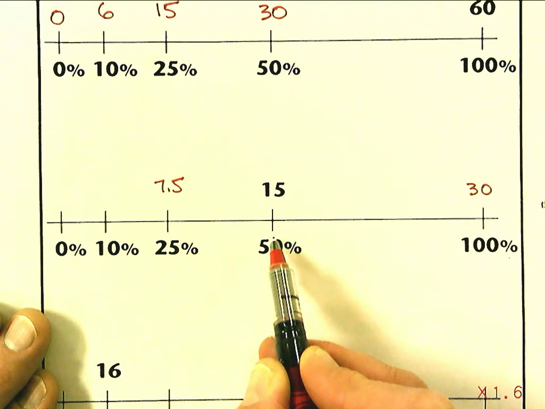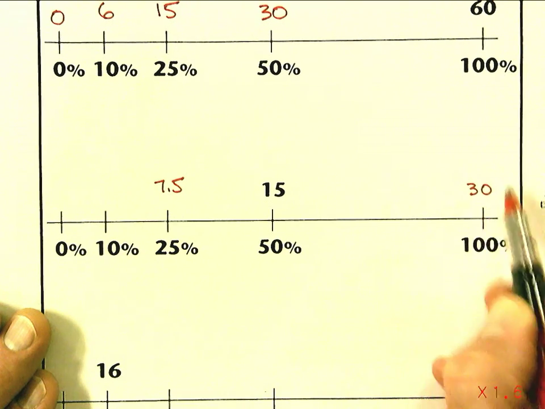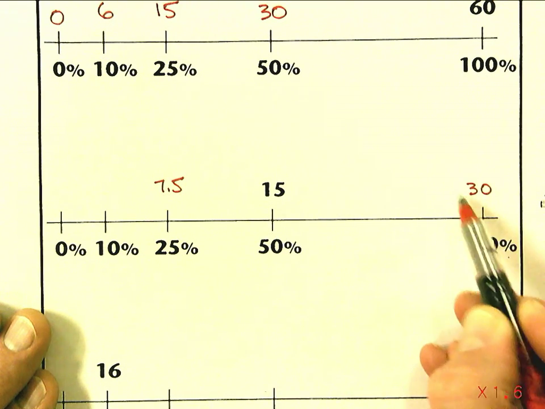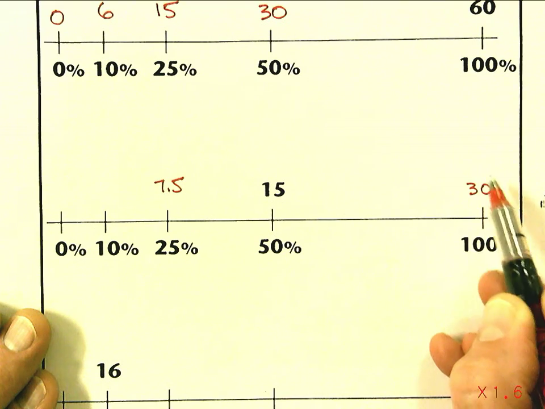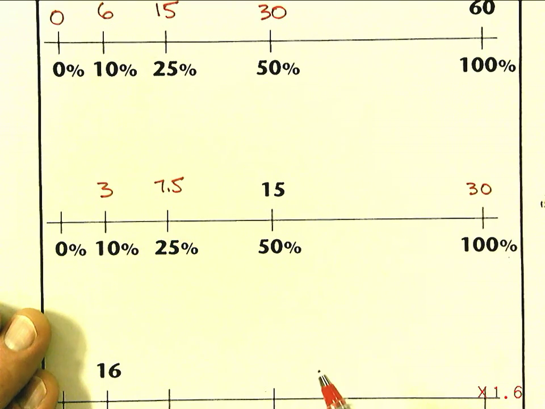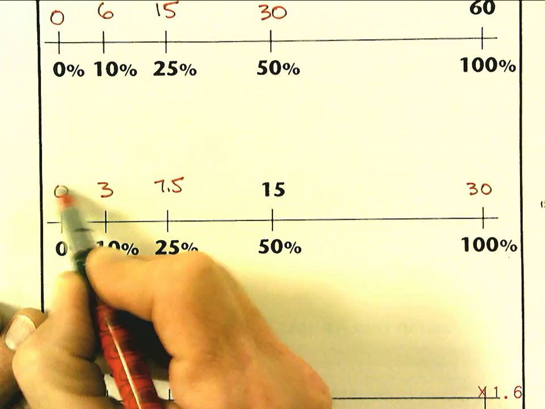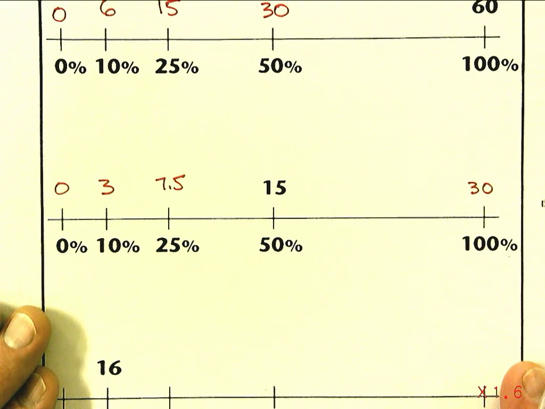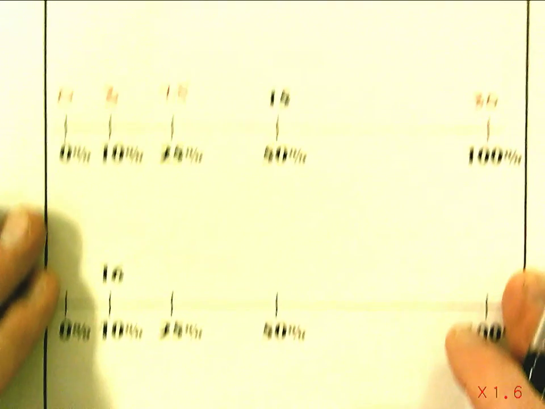And then the 10%, we have to go back to the 100%, and remember it's 1/10 of this, or this divided by 10, so 30 divided by 10 is 3, so there's your 10%, and of course 0% is the 0. All right, one more.